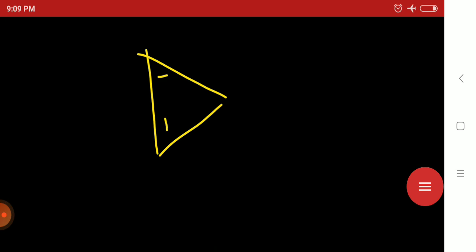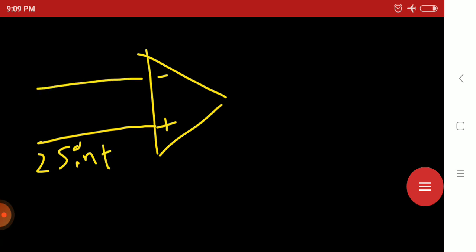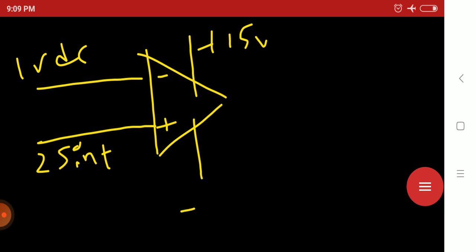Minus is here, plus is here, 2 sin t, 1 volt DC, plus 15 V saturation voltage and minus 15 V saturation voltage.